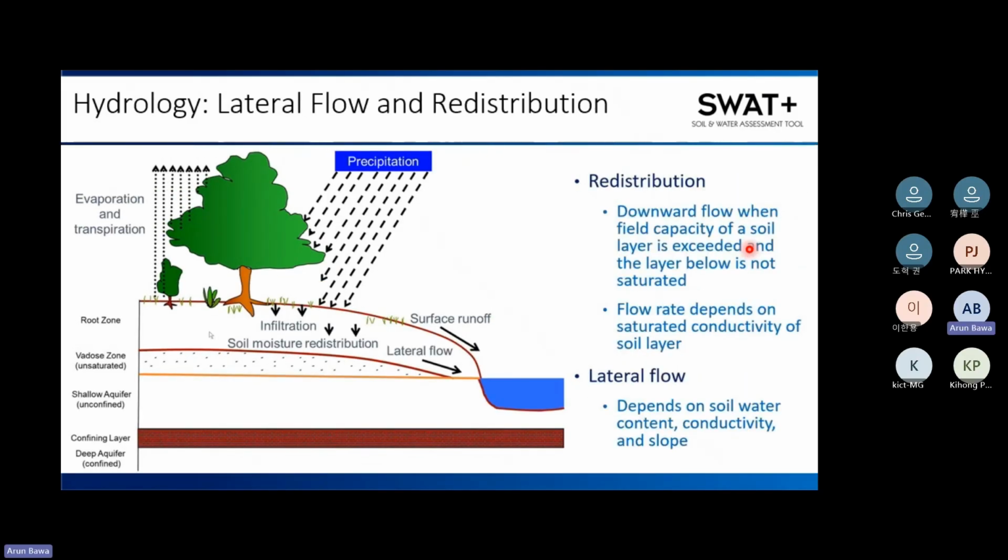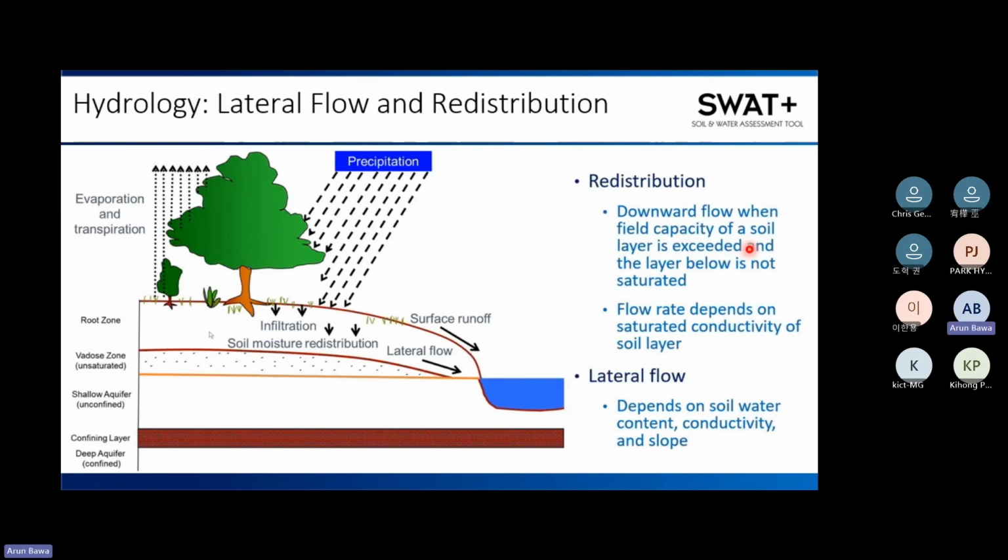After infiltration, what would be the fate of the water as it infiltrates into the soil? Based on your soil properties, how much water it can hold, and if the water is more than the soil water holding capacity, or what we call the field capacity of the soil, then it will start flowing, right? Depending on the slope of your HRU, it can flow laterally, or it will go deeper, percolating below the root zone to the shallow aquifer or the deep aquifer.